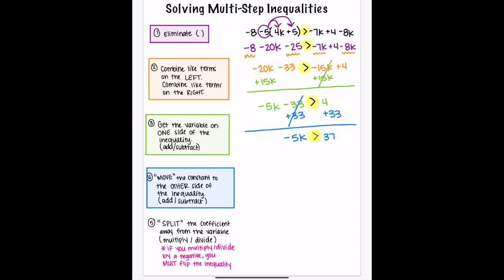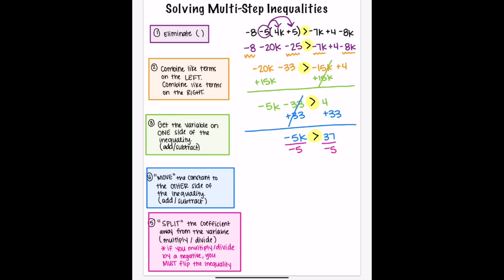Okay, we're getting close to the end here. So now we have to split. We want to split the coefficient away from the variable so we can have that variable by itself. Now when we do this, we're going to split by dividing by -5 on both sides.